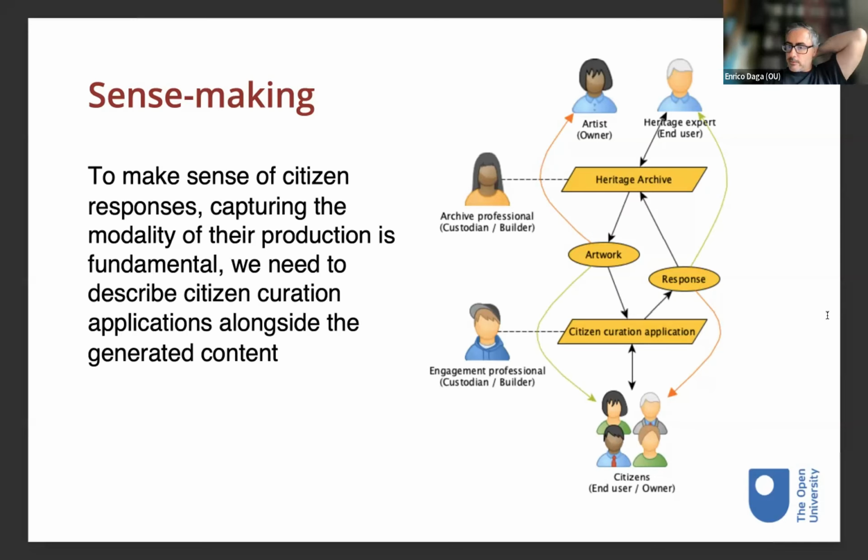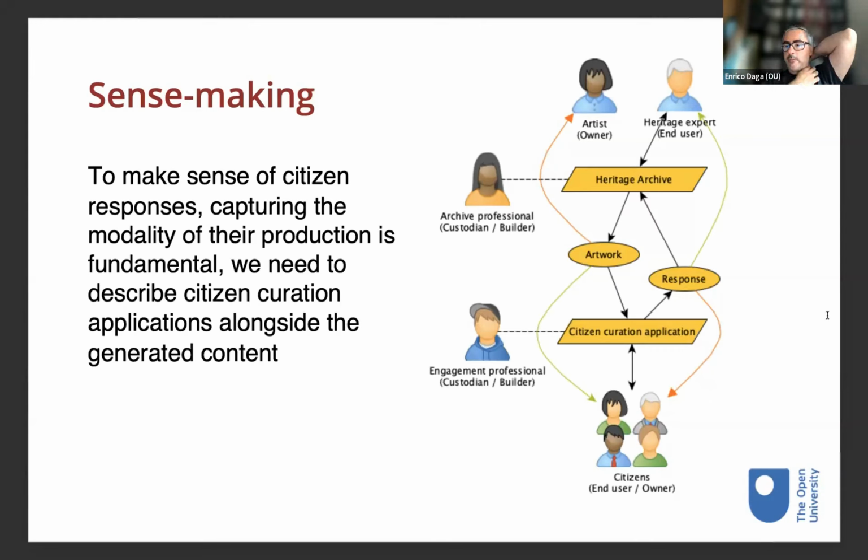But the thing I want to highlight now is that there is a kind of mirroring situation between artists as content producers and citizens as content producers. So there is a level at which this workflow goes two ways.